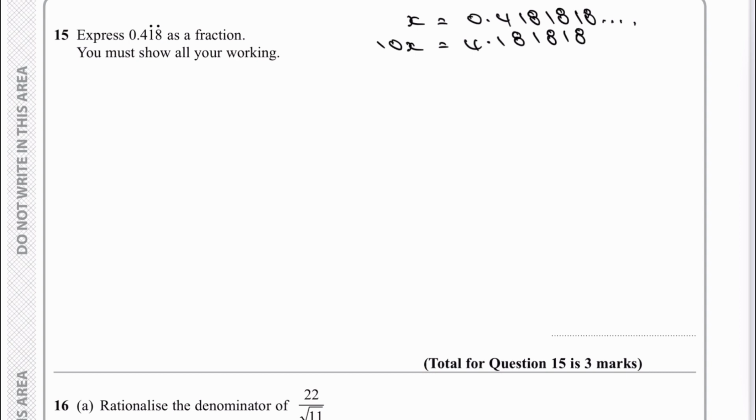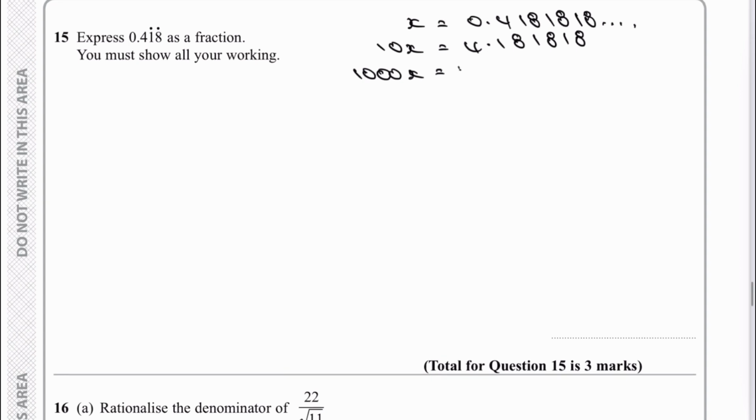And if I want, I'm going to do 1000x, because if I do 1000x, what I end up with is 418, and then after the decimal point I've got 1818 and so on, which is exactly the same as this value of 10x. So that gives me the ability to subtract one from the other and lose the recurring part.